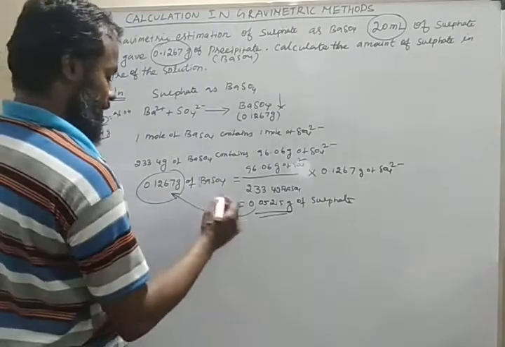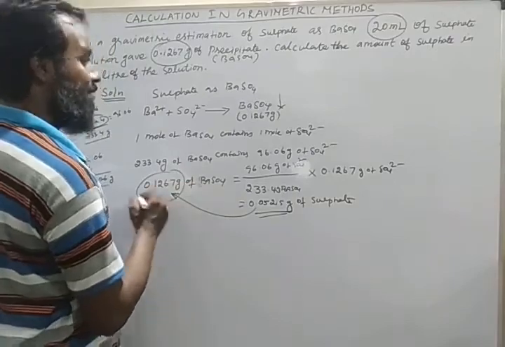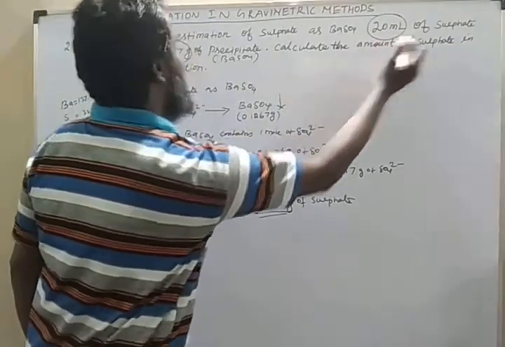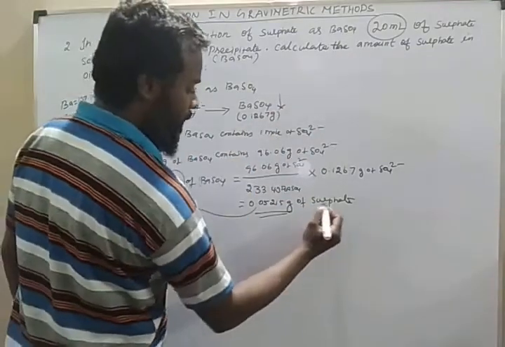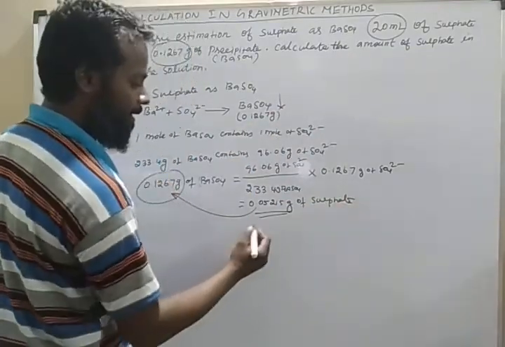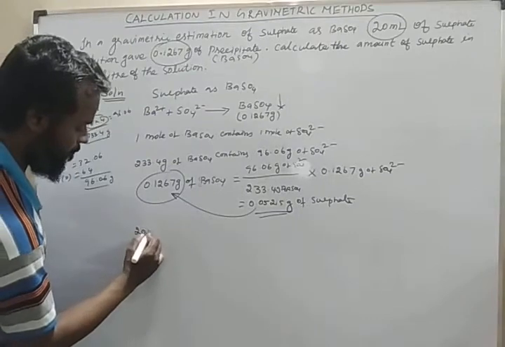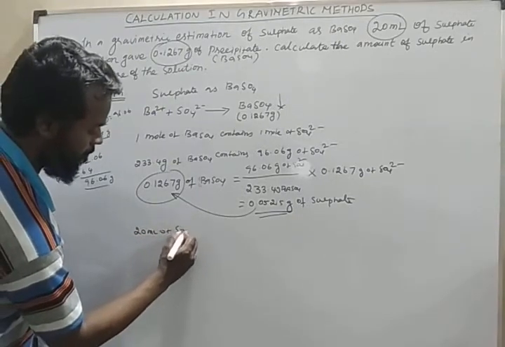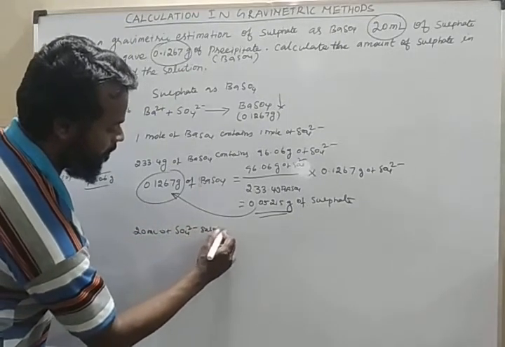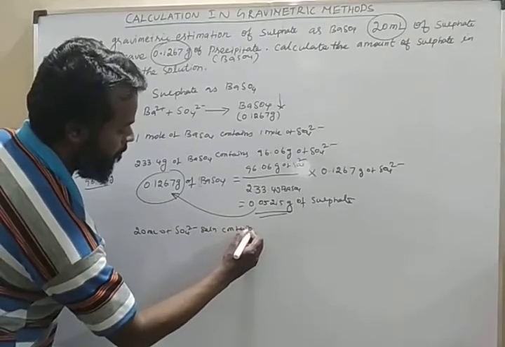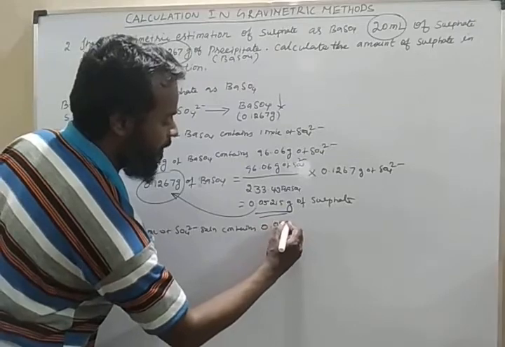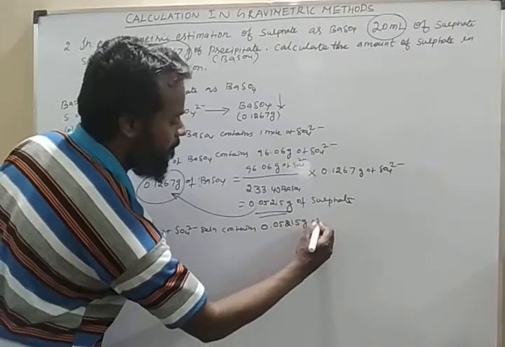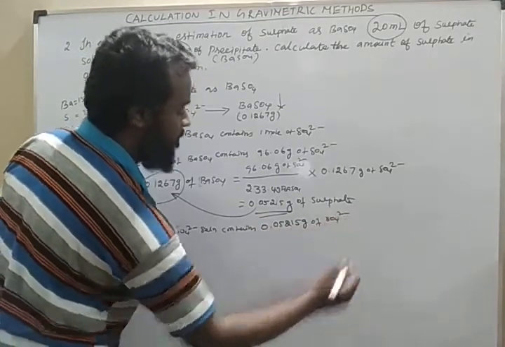Here this amount of barium sulfate is formed in 20 ml of sulfate solution only. So the 20 ml of sulfate solution contains 0.05215 gram of sulfate ion.